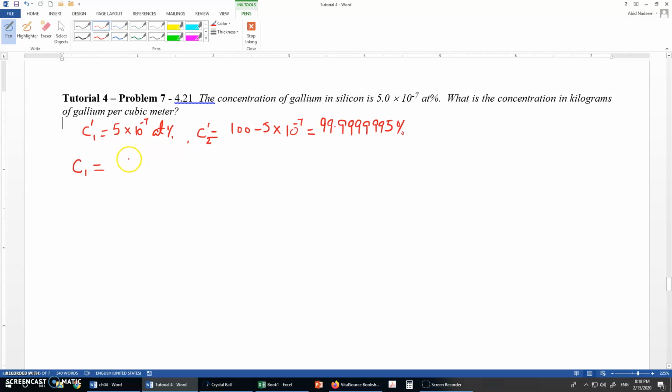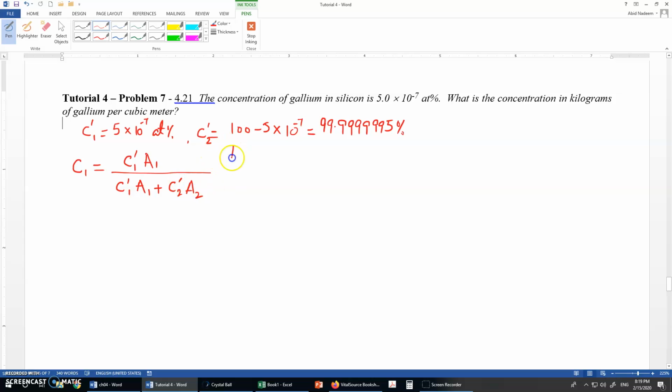It will be equal to C1 prime multiplied by the atomic mass of gallium, A1, divided by C1 prime A1 plus C2 prime A2.